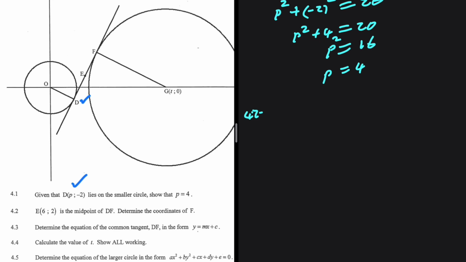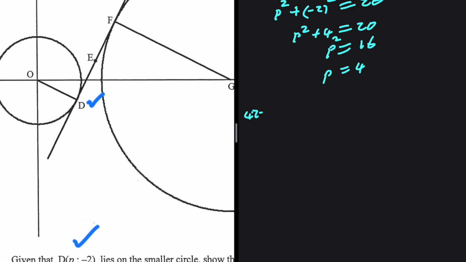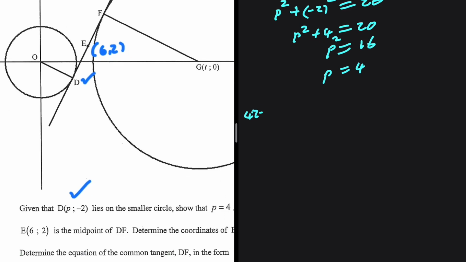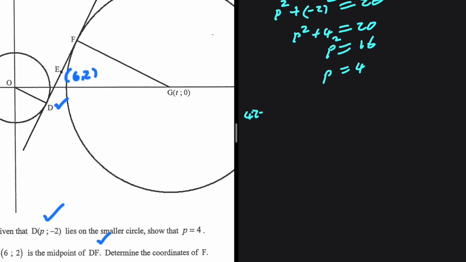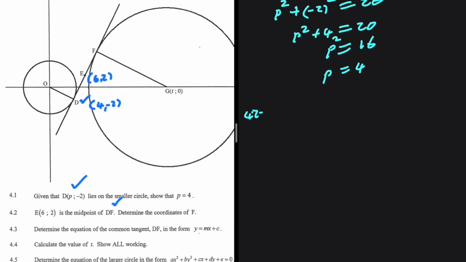In 4.2, we are told that E with coordinates 6 and 2 is the midpoint of DF. Determine the coordinates of F. We have the coordinates of D, 4 and minus 2, the coordinates of E, and we are looking for the coordinates of F. E is the midpoint of DF.